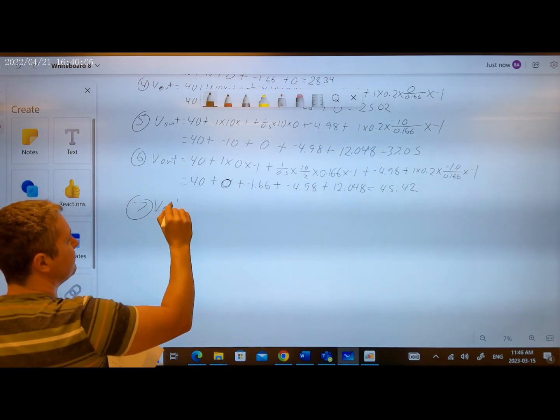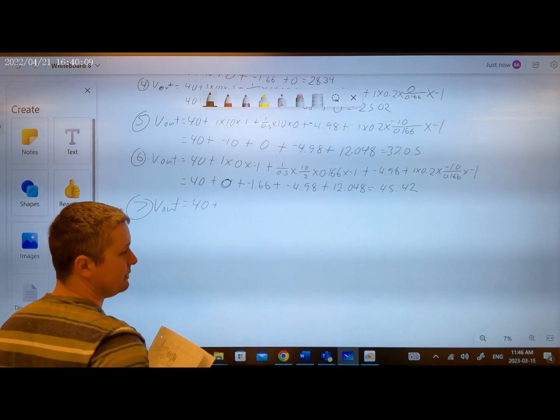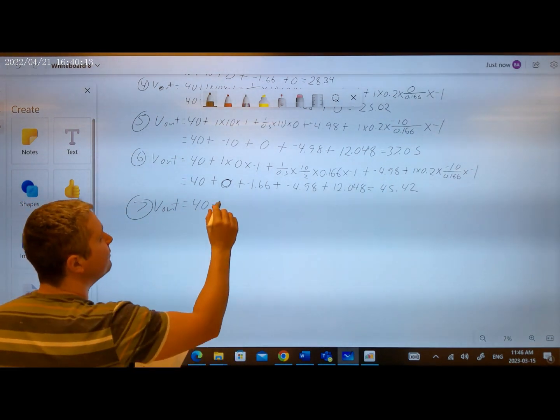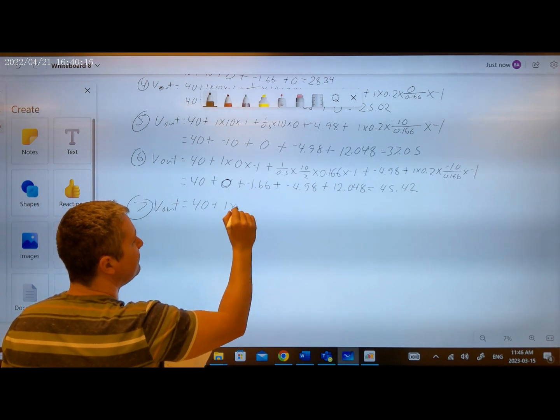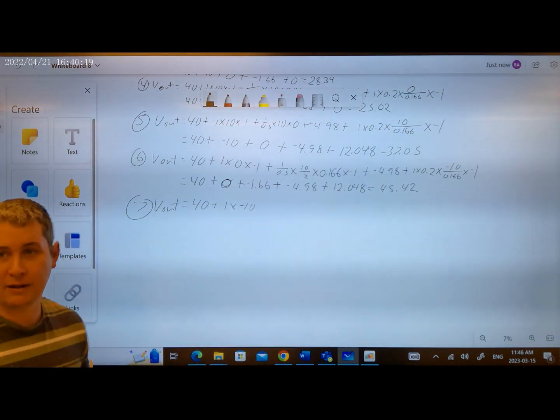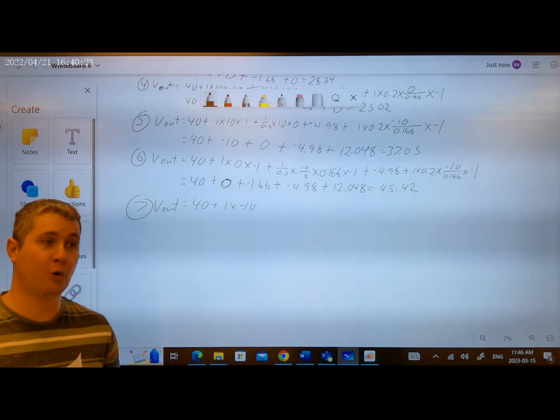So V out equals 40 plus our proportional of 1 times negative 10, because we still have a set point of 50 and our process variable is at 40.